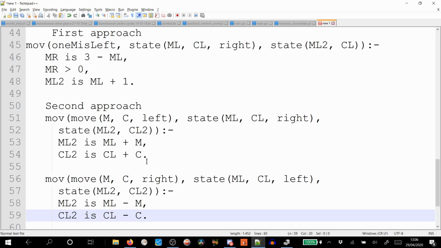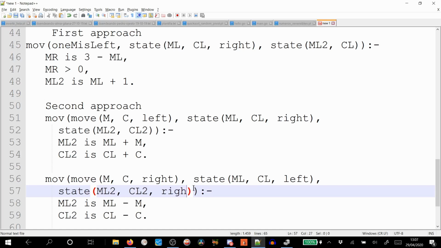Question, yeah. Sorry. Do we need, in the state after, the boat at the right position? Yeah, exactly. We move from the left and the state will be the right, exactly the same here. If we move to the right, we start in the left and at the end the right. Sorry. Move to the left. The same here.